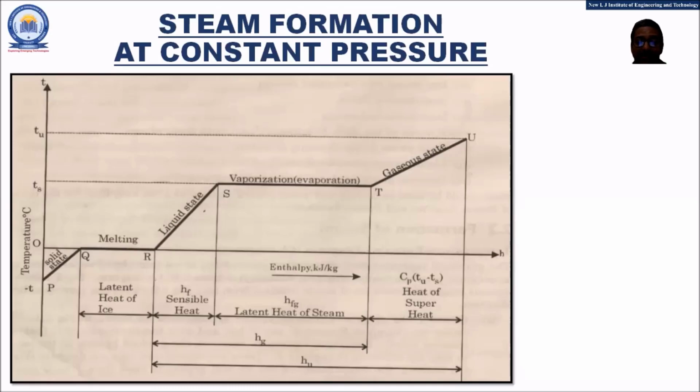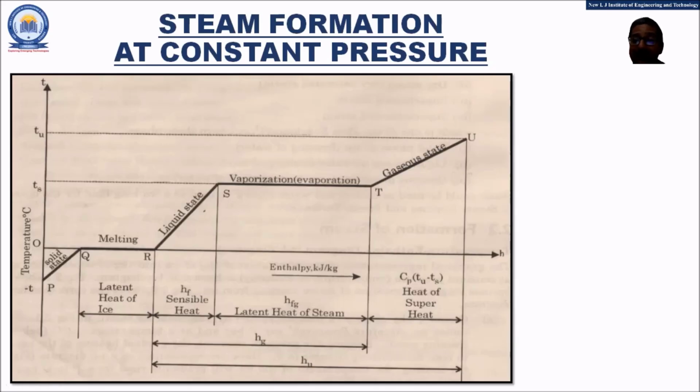So now when the ice at point P at minus T degrees Celsius is supplied by the sensible heat, it will remain in the same phase, that is the solid phase, but the temperature of the ice will be increased. So the temperature will be increased from minus T degrees Celsius to 0 degrees Celsius. And we have reached point Q. At point Q, there is ice in the solid state at 0 degrees Celsius.